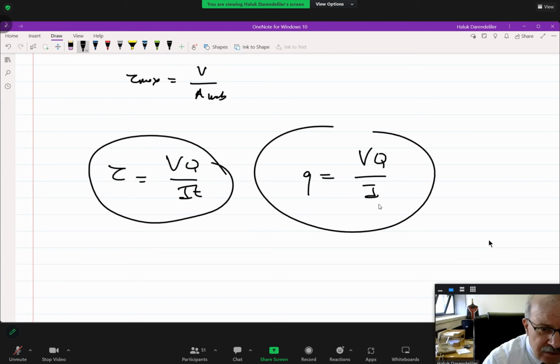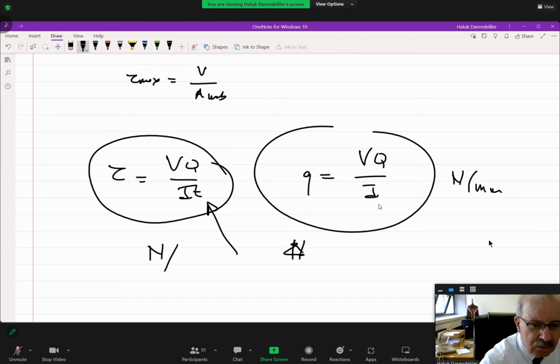Now, what's the difference? The only difference is thickness. One is the shear flow per unit length. The other one is the stress, obtained by dividing it by the width. So this is, for example, newtons per meter or millimeter. This one is newtons per millimeter square, megapascals.